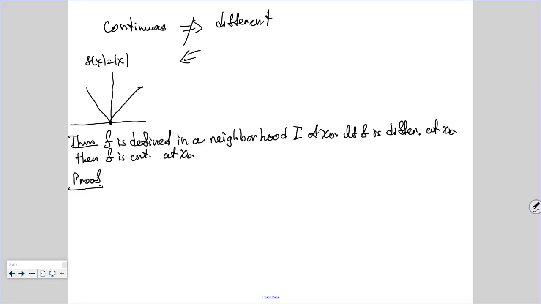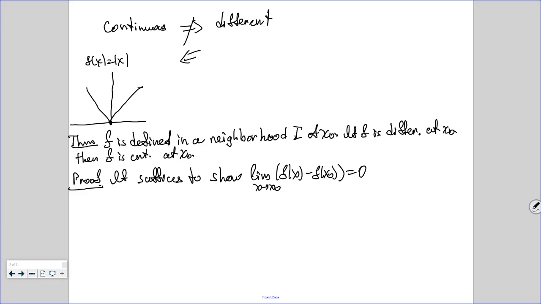Note that to prove this, it suffices to show that the limit as x goes to x0 of f(x) minus f(x0) is equal to 0 for x not equal to x0.